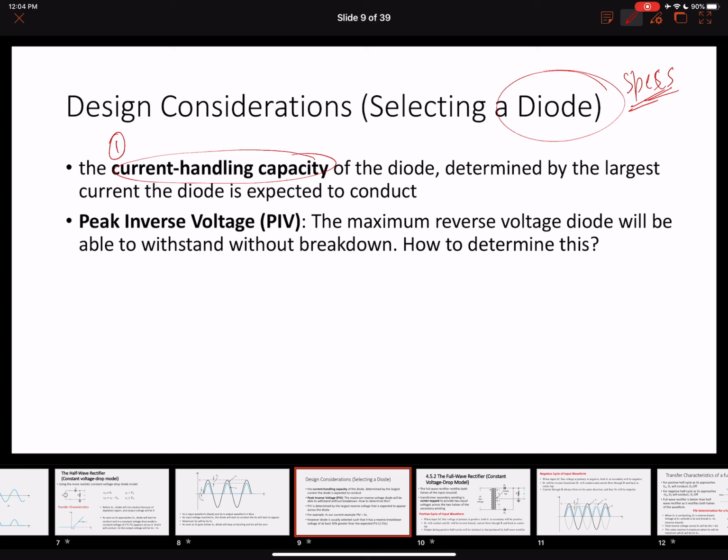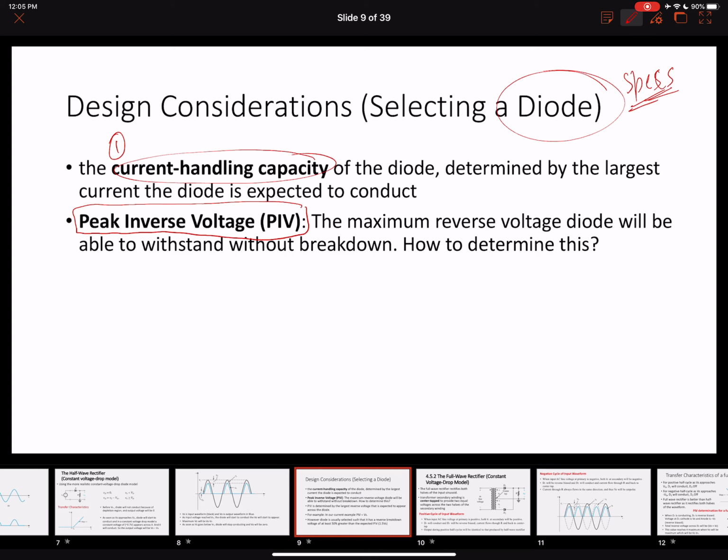The second important specification that is needed is called the peak inverse voltage. Peak inverse voltage matters whenever we are operating the diode with AC signals, right? It will become forward biased, then reverse biased. So there will be a maximum reverse voltage that can appear across the diode before it is permanently damaged.